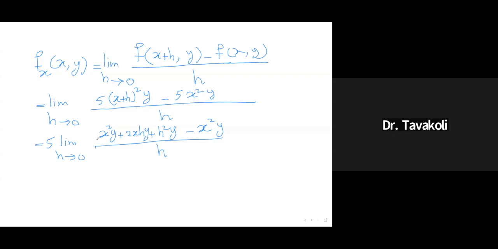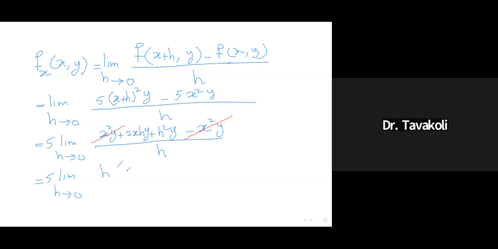So x squared y and minus x squared y, they cancel out. So I will have 5 limit h tends to 0. Between the two terms that you see on the top, h is in common. I can factor that h out.